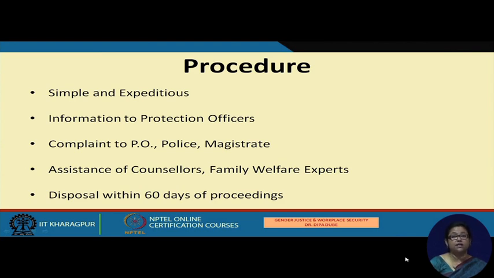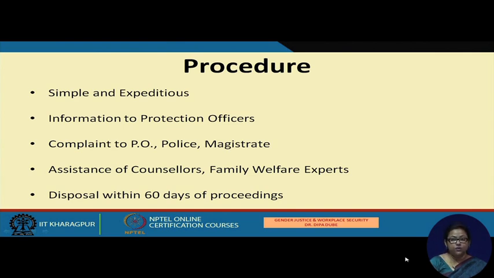The intricate, complicated processes that we speak of in the justice system, which are costly, tedious, and require the help of lawyers where money is involved, making it very difficult for women to have access to the system, are somewhat sought to be removed and done away with by the provisions of the 2005 Act.